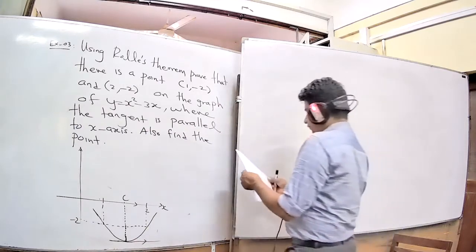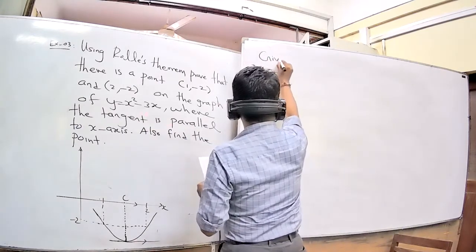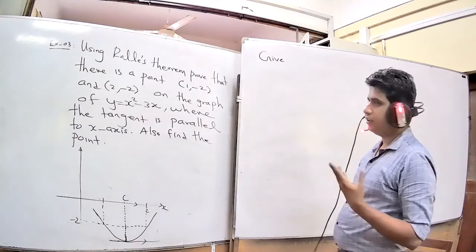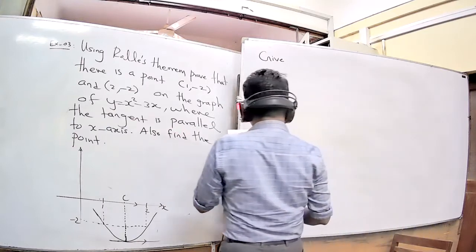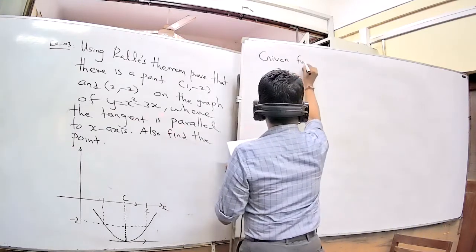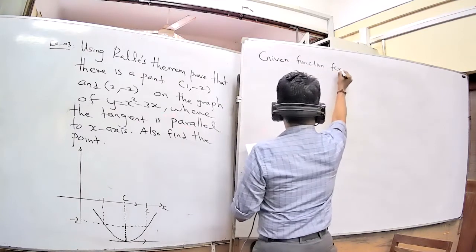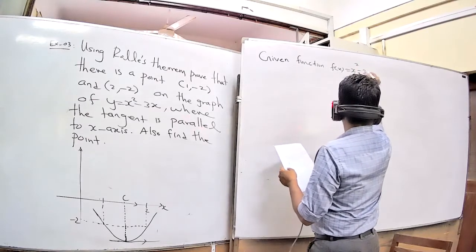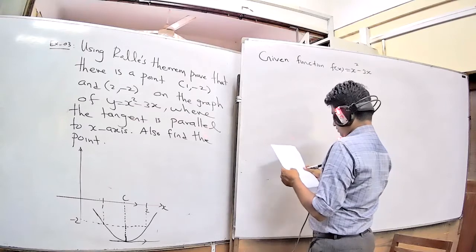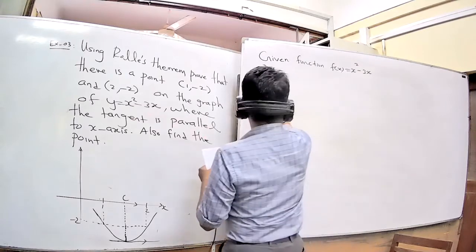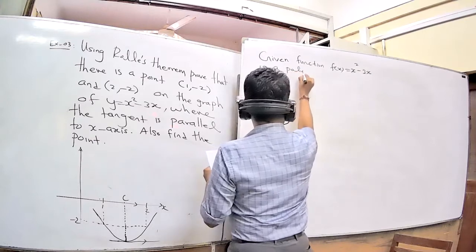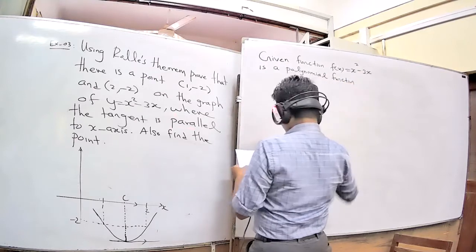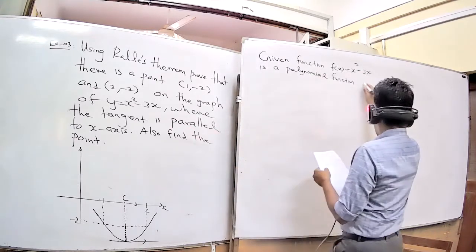So first, for the given function, you want to verify three conditions. For the purpose of using Rolle's theorem, you want to check three conditions. The given function f of x is x squared minus 3x, which is a polynomial function of x.